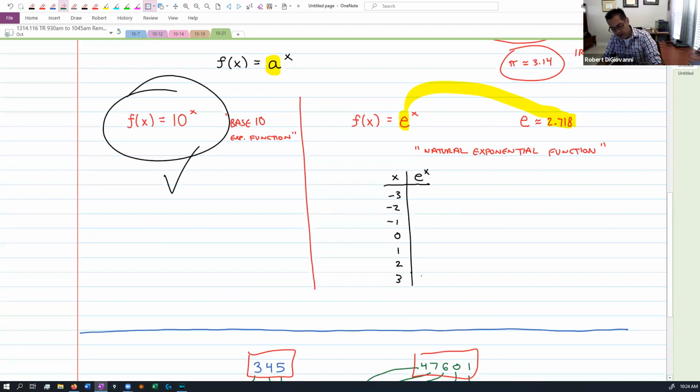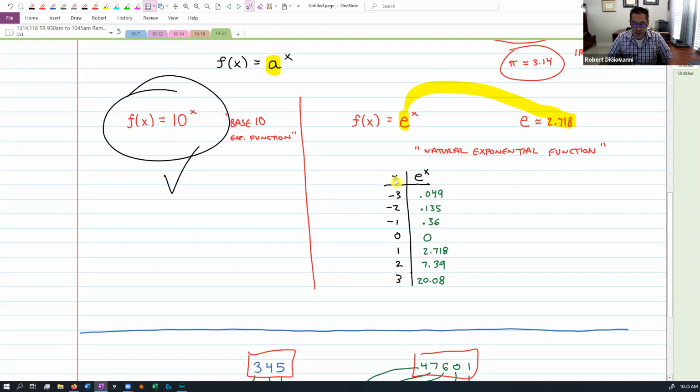So if we plug in 3, we get 20.08. Let me just do these. If I do e to the second power, 7.39. e to the first power, 2.718. e to the 0 is 1. e to the -1 is 0.36. e to the -2 is 0.135, and then e to the -3 is 0.049, something like that.